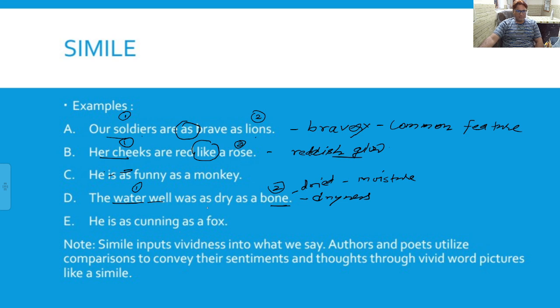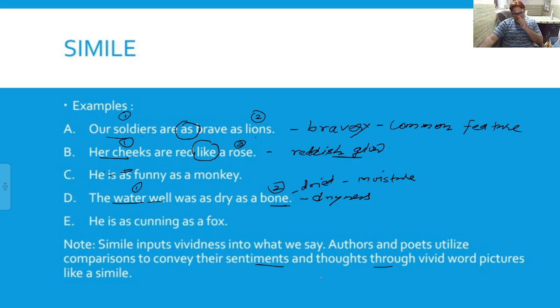Now there is a note: simile imparts vividness and clarity into what we say. Authors and poets utilize comparisons to convey their sentiments and thoughts through vivid word pictures like simile.